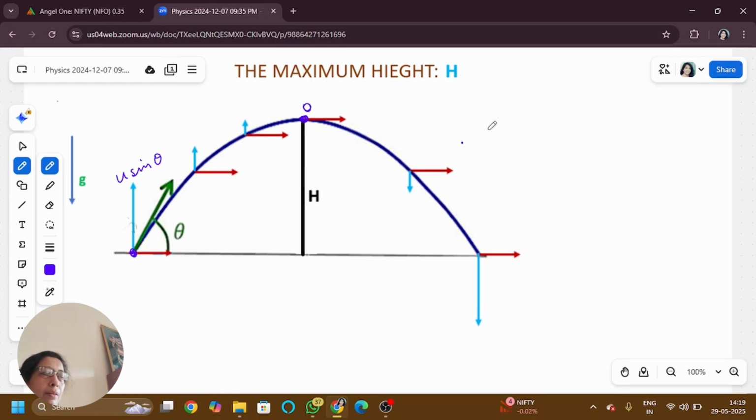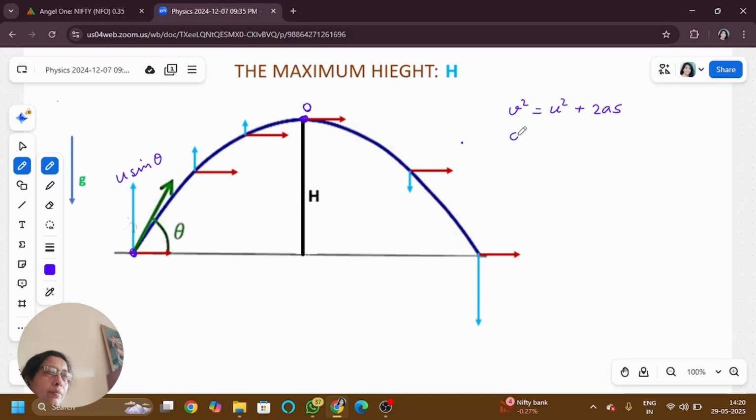So let's go to the third equation of motion, which is given by v square is equal to u square plus 2as if the acceleration is positive, but in this case acceleration is negative and is equal to minus g, and the final velocity is 0.